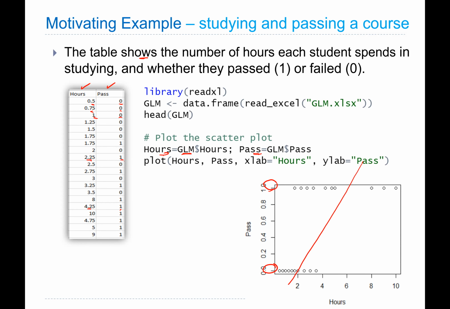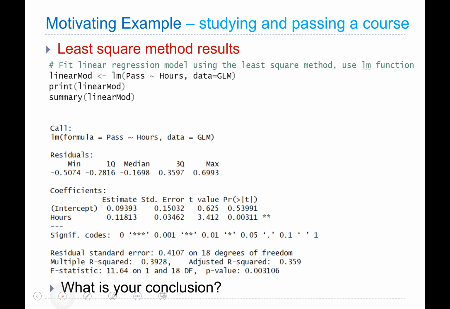But let's see what will happen if we use simple linear regression to find the equation that describes the relationship between passing the course and number of hours. If I use the LM function and give the response, the explanatory variable, and the name of the data, it gives me this output.